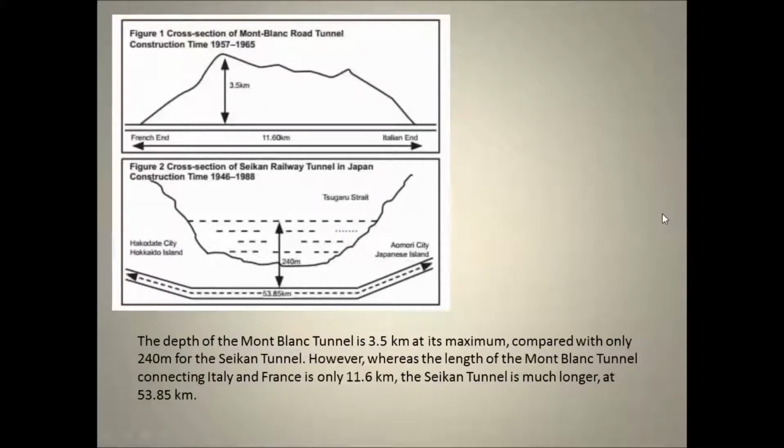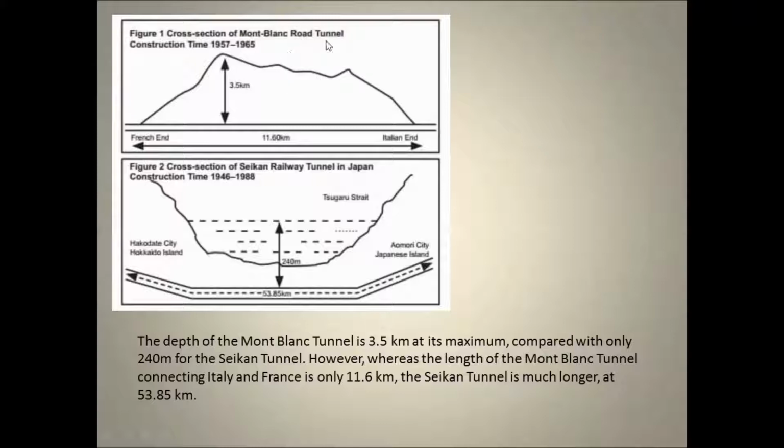Then the third paragraph consists of the physical dimensions of these two tunnels, where we can compare the length and depth. So we can mention here the depth of Mont Blanc tunnel is 3.5 kilometers at its maximum. That is the maximum depth of the tunnel, compared with only 240 meters for the second tunnel. So which one is deeper, the Seikan tunnel or the Mont Blanc tunnel?